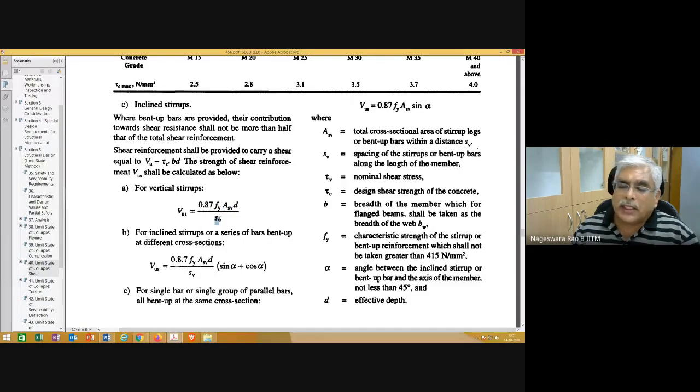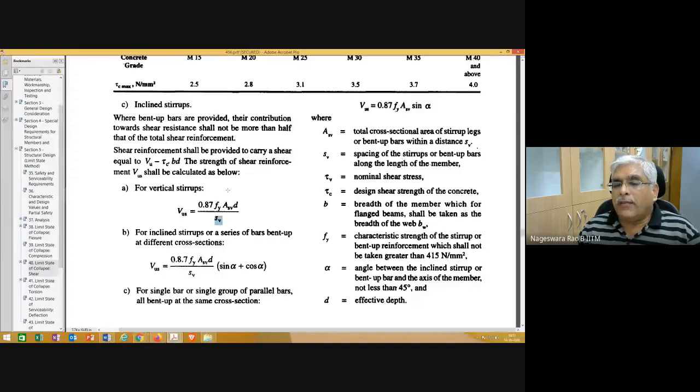Once you know that, you can estimate S. And the maximum spacing of shear reinforcement and other things are given in the code IS 456. Your spacing should be within the prescribed limits given in IS 456.